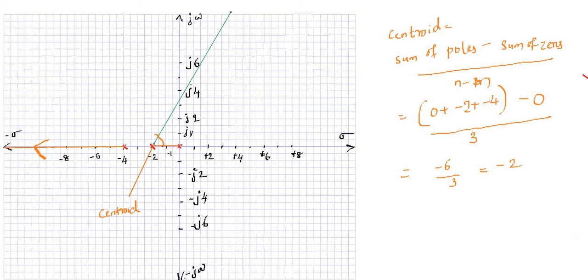So this angle is plus 60 degrees, this is the asymptote.